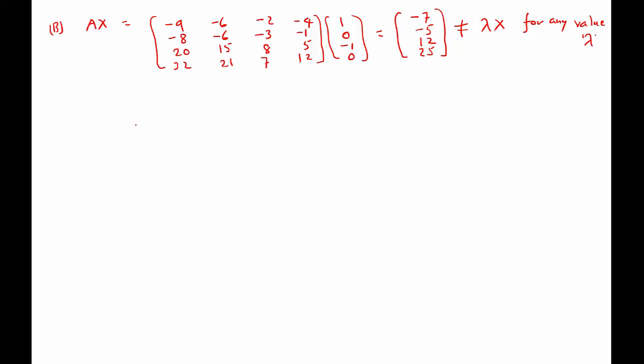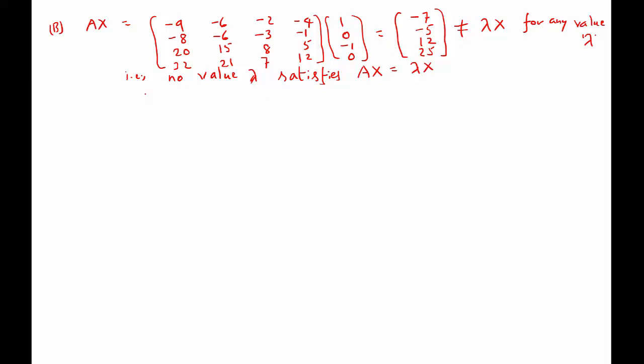That means no value lambda, of course, these all are real numbers, you'll be getting real only, satisfies Ax is equal to lambda into x, because here you are not getting any number.